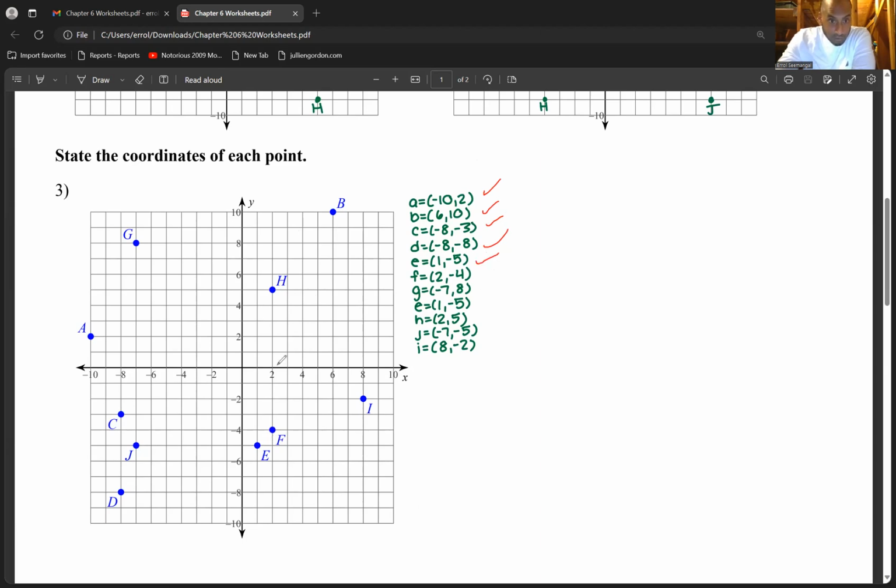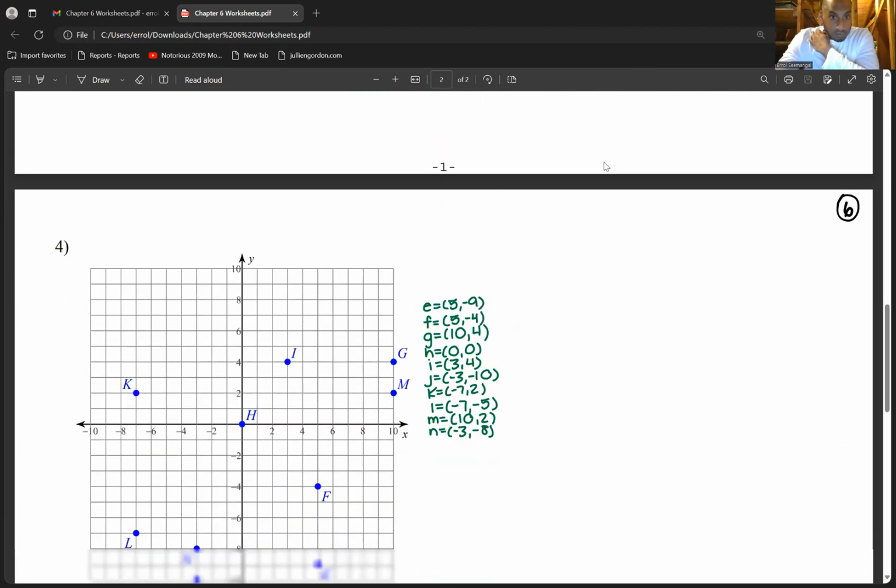F, (2, -4), that one's good. G, (-7, 8), that one's good. (2, 5) for H, that one's good. J, (-7, -5), that one's good. And (8, -2). Okay, all of those are right. 3 is good.